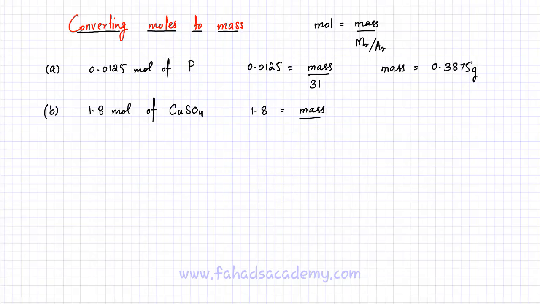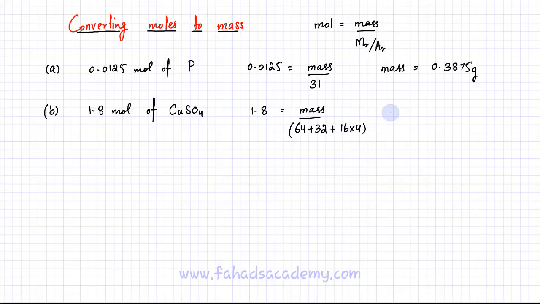So copper is 64, and we're going to add sulfur, which is 32, and then there are 4 oxygens, so that would be 16 into 4. To find out mass, we need to multiply 1.8 by the MR of copper sulfate.